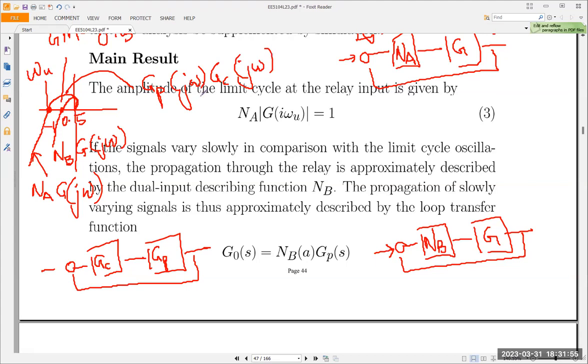Then you let omega equal to 0, 1, 2, 3, 4, 5, 6, 7, 8, 10, and you will get this curve. So if this is increased by 5, this is decreased by 5, you get the same curve.